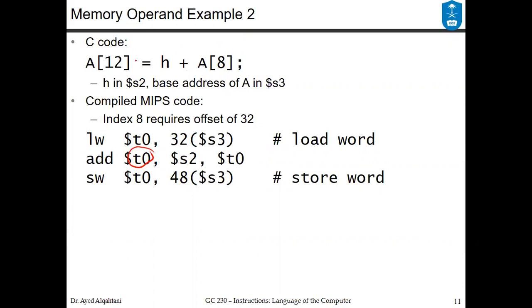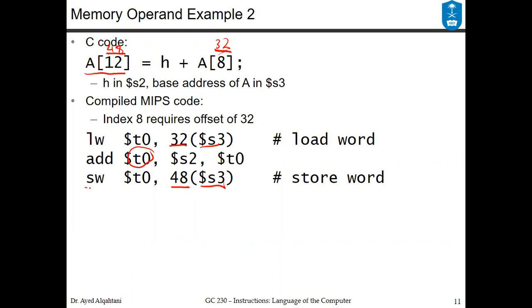Now, after this, you need to store the value right here. Again, remember, this is 32, and this is 48. Now, the displacement of this one, we already discussed it. It's written right here, 48, and this is the base register. The base register, as long as you are accessing the same array, is going to be the same base register.